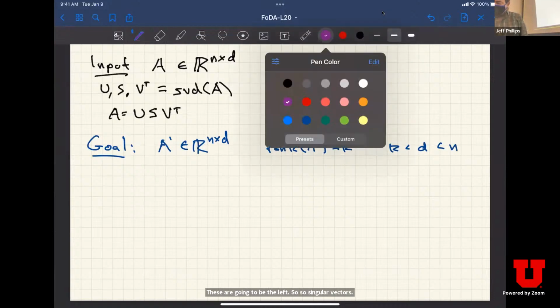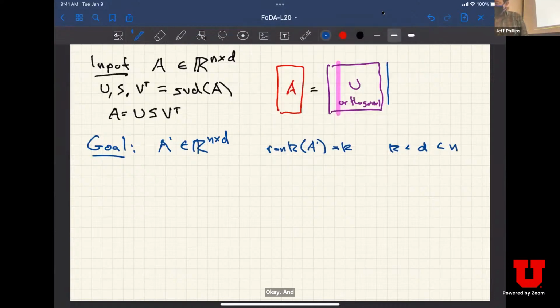Okay, and then there's a matrix S. What's interesting about S is only the diagonal. Everything else is going to be 0. So this part here is all zeros, and only the stuff on the diagonal is non-zero.